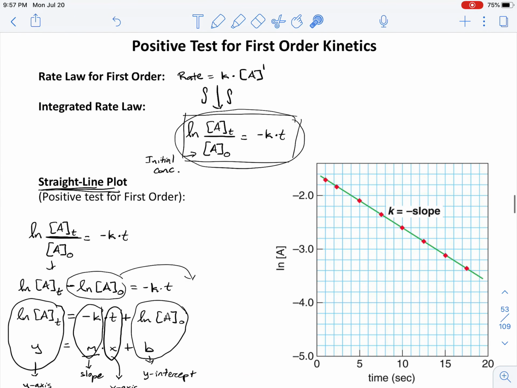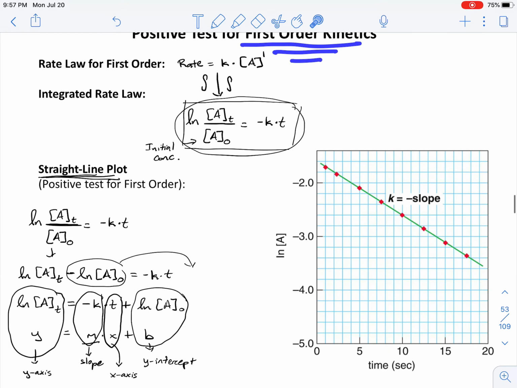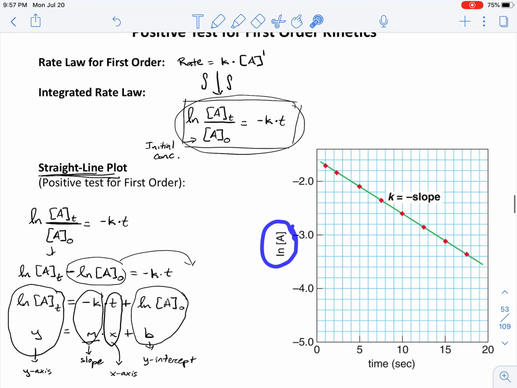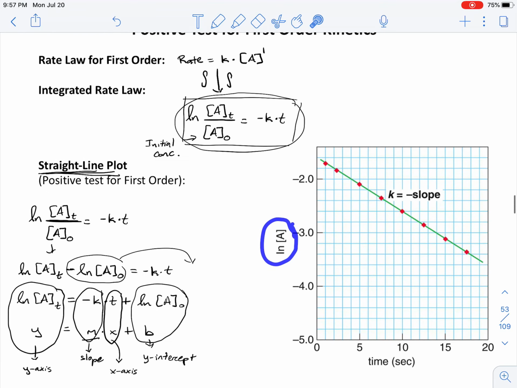Last but not least, if you want to determine if the chemical reaction is undergoing first order kinetics, you manipulate the kinetic data such that instead of plotting concentration on the y-axis, you plot the natural log of the concentration against time.